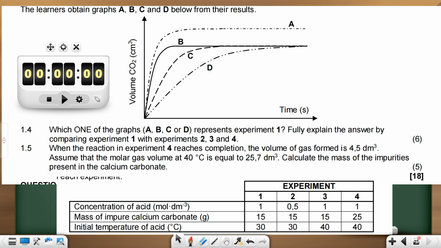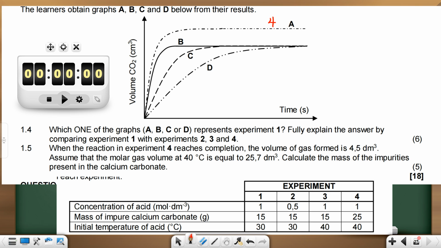So automatically, I'm already done with my number 4. My number 4 is A. And the reason is very simple. I have more product produced because I have more reactants. It's 25 grams as compared to the rest.